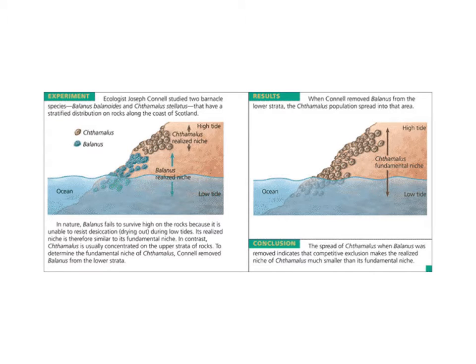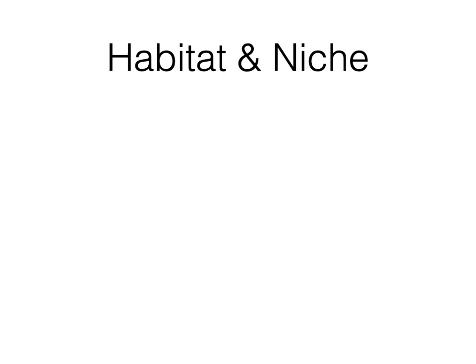The potential or theoretical areas where that species could exist. Be on the lookout for a question like this on an exam, and remember that oftentimes the realized niche of an organism is more constrained than the fundamental niche because of other factors that we're going to talk about.